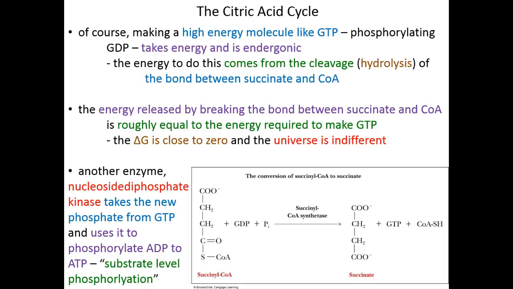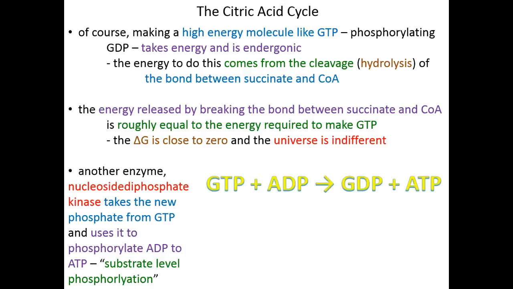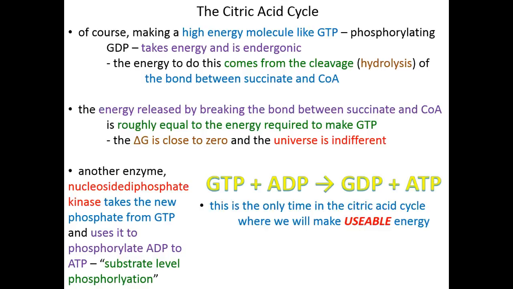We're phosphorylating an ATP molecule using a single donor of a single phosphate at the substrate level. And we can summarize the reaction catalyzed by nucleoside diphosphate kinase in this simple diagram here. We start off with GTP and ADP, and once the enzyme does its job, that last phosphate is transferred to the ADP, giving us guanosine diphosphate and adenosine triphosphate.